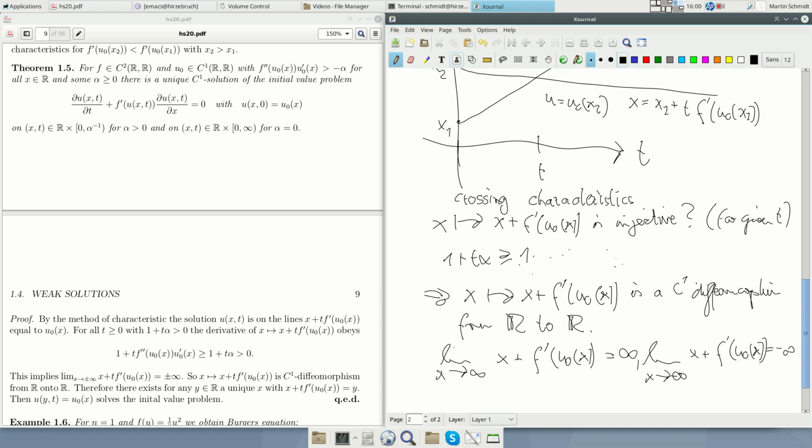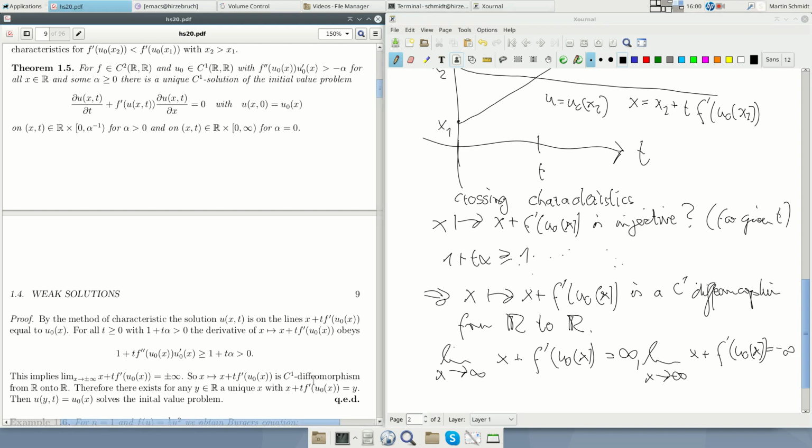Since at 0 we have a definite value, the derivative is at least 1, so it increases with velocity at least 1. If we go to infinity, it goes to infinity, and if we go to minus infinity, it goes to minus infinity. So we indeed see this is a diffeomorphism.